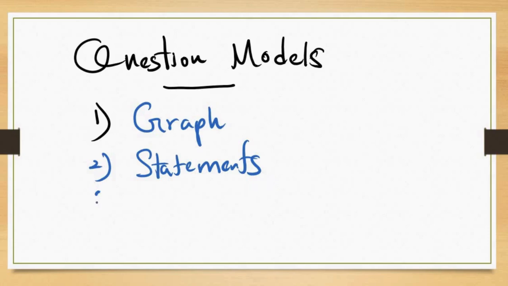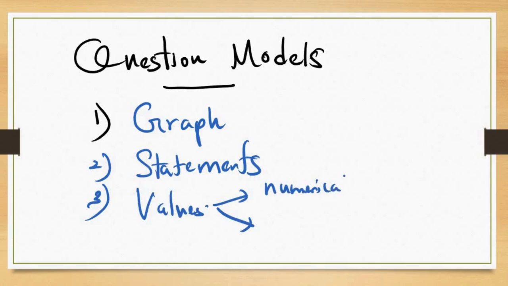The third method is from values. We are given different values, maybe numerical values, or we'll be given symbols. Symbol-type questions are the hardest, as students find them difficult anyway. Let's get into the question models now.